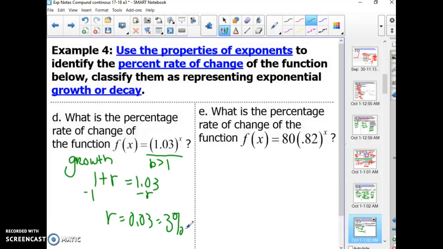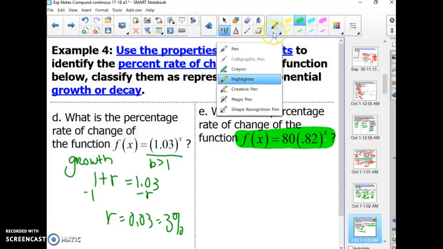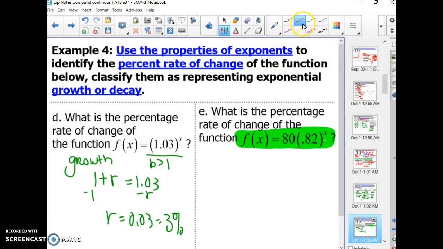Over on my next one, this function that I have, f of x is equal to 80 times 0.82 to the x. That's my initial amount, and coming over here, 0.82. It's less than 1, so I know I have decay on my b value. So 1 minus my rate should give me 0.82.